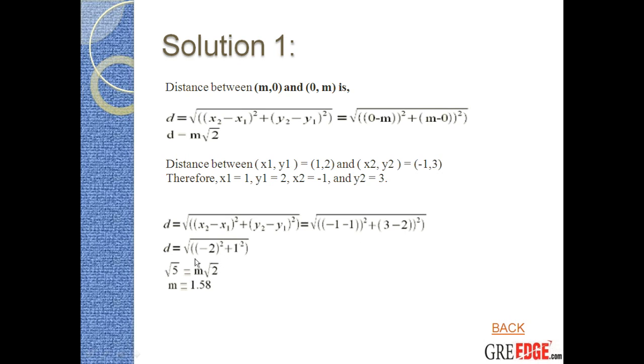So that is minus 2 the whole square plus 1 square. So that's 4 plus 1, so root 5. So here the distance is equal to root 5. Now we have to equate both. Root 5 is equal to m root 2. So m is root 5 by root 2, that is equal to 1.58.